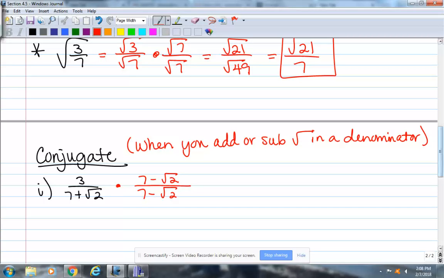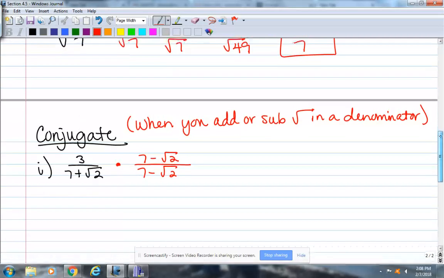And what multiplying times the conjugate does, we're going to go ahead and do the denominator first, is it should get us down to where we only have a number with no radicals in the denominator. Okay? So in the denominator, you're going to take 7 and square it. You're going to put a minus in the middle. And you're going to take radical 2 and square it.